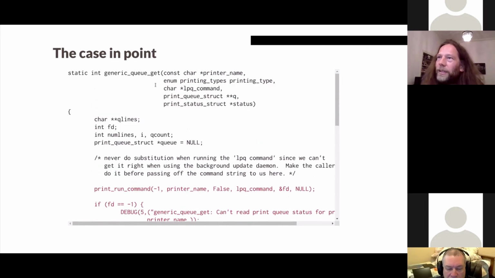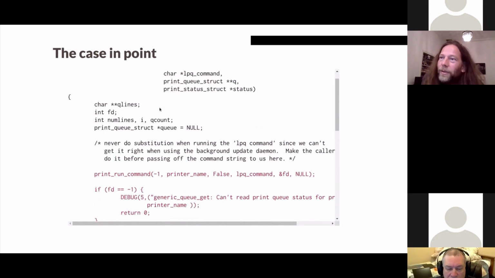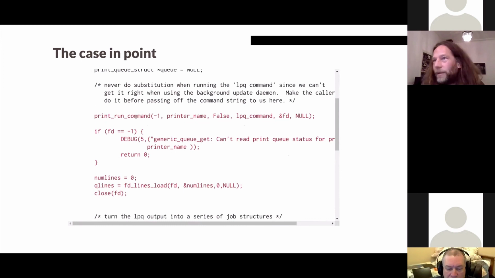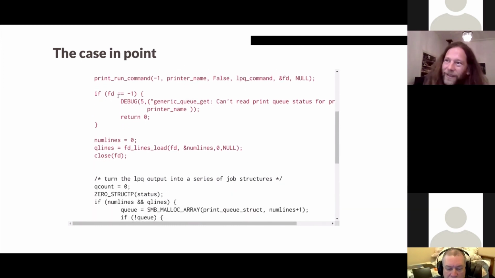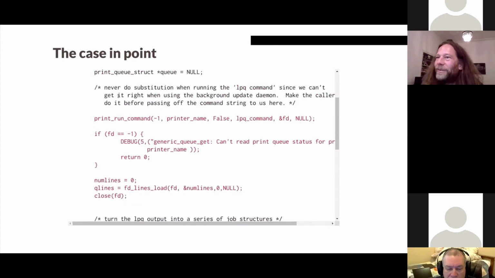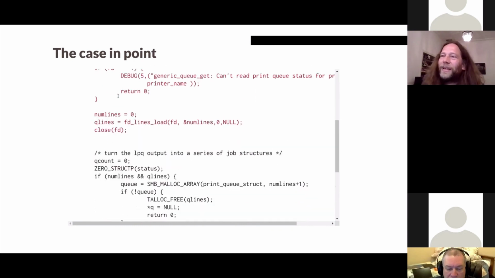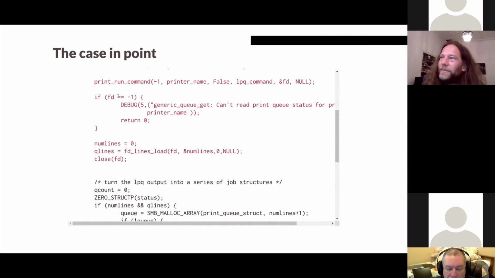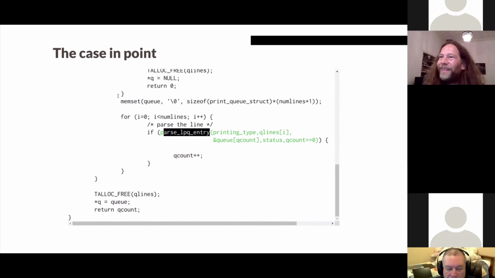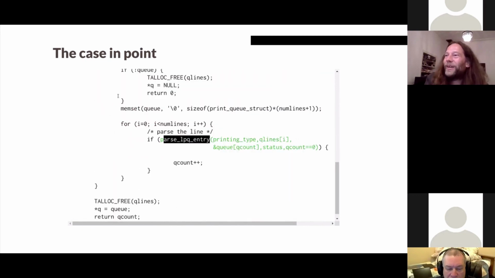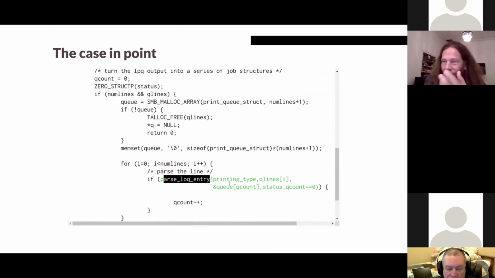But this function, you can't really fuzz, because it does run print command, and then it gets a file thing, and then it loads the lines and all that kind of stuff. I guess you could somehow overload it. Well, I don't know what you could do. But this one takes a data blob and you just bang it in.